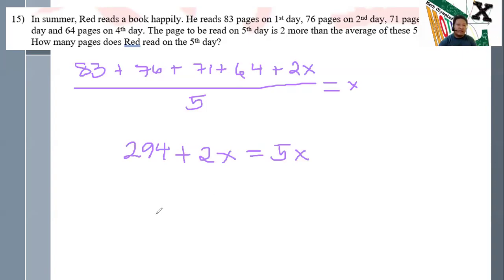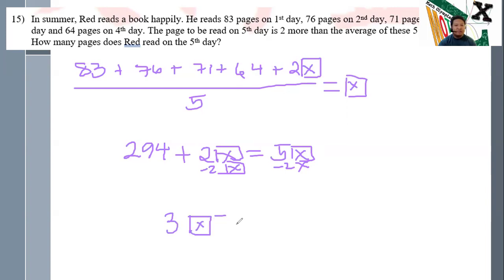So we'll have 5x, okay, because 2x, we can subtract 2x here, 2 boxes by box method. Let's say you can have the x to be the box. You can check that one as block method or box method. So 5 boxes minus 2 boxes will give us 3 boxes. So therefore, 3 boxes is equivalent to 294.